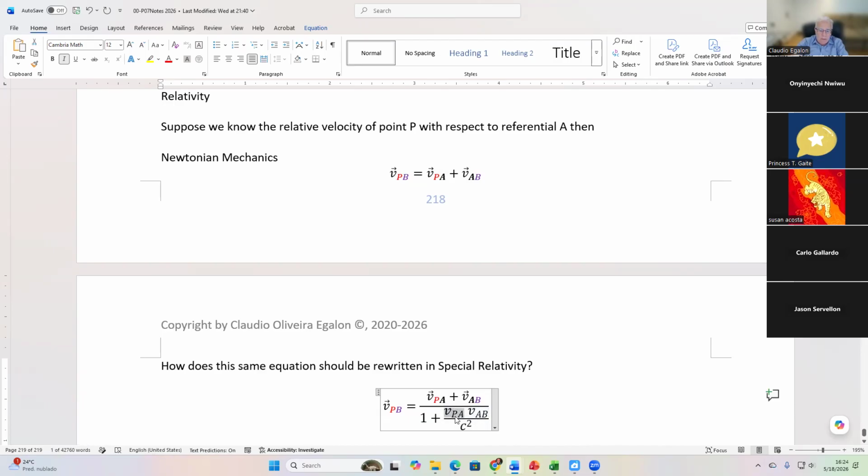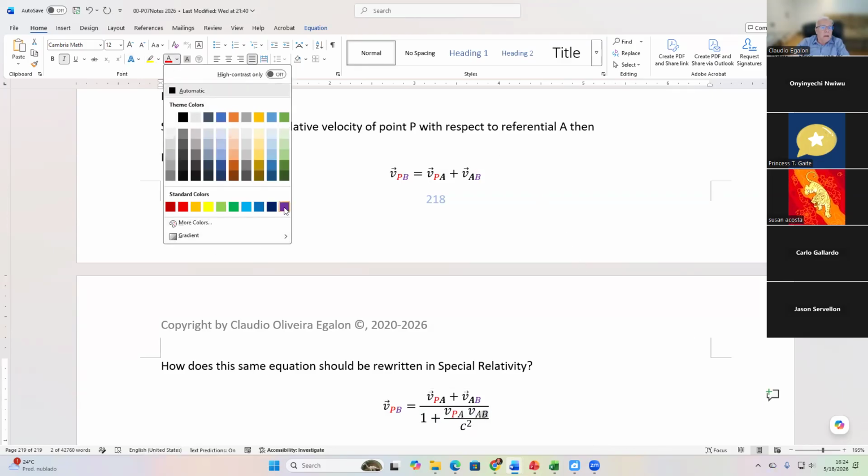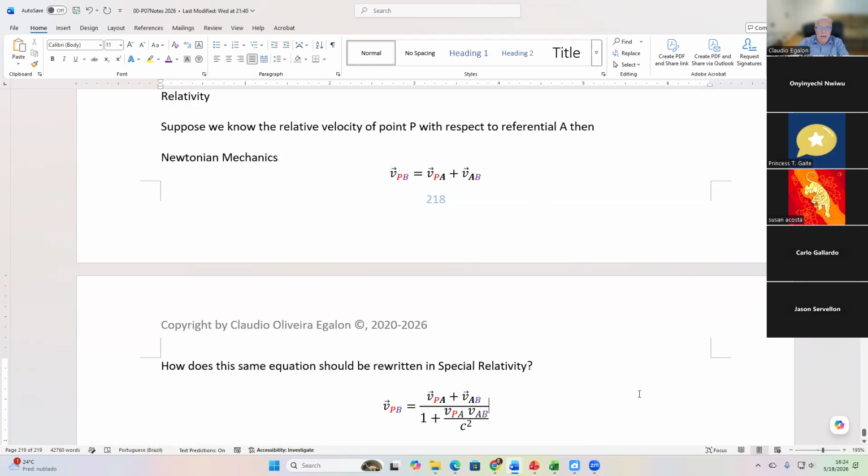I'm going to put it in red color. And this other one, here you go. But it's not a summation, it's a multiplication. So if you memorize this one here, it shouldn't be difficult to memorize this term down here.